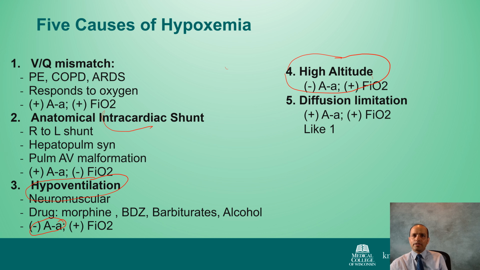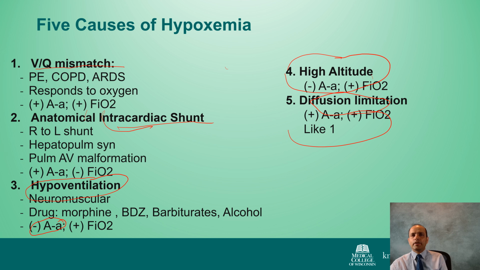Then there are conditions where there is diffusion limitation. Diffusion limitation means there is something wrong in the respiratory membrane, or VQ mismatch. Either there is a disease on the alveolar side, or there is a disease on the blood vessel side that is resulting in VQ mismatch, or they have an intracardiac shunt, a connection between the right and left side of the heart.